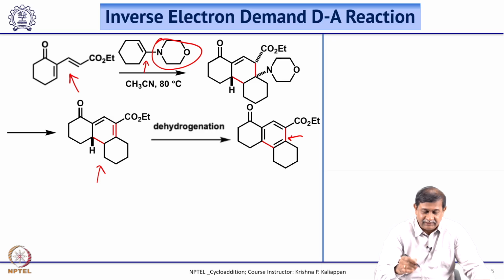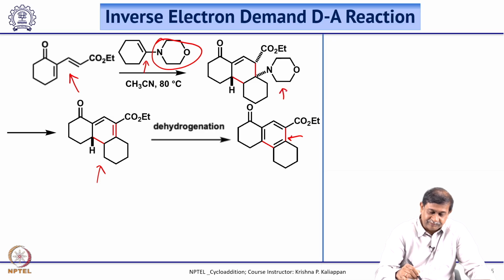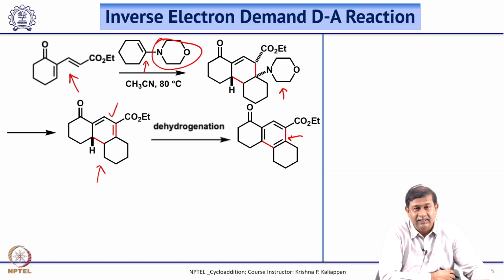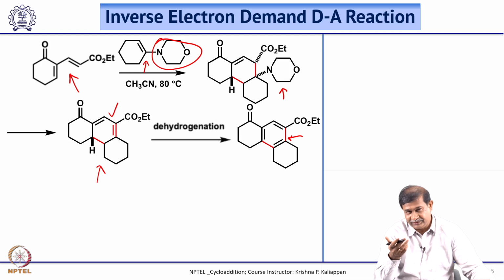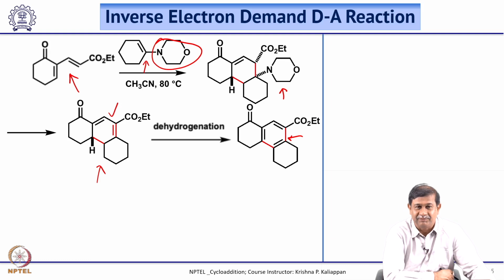Okay. So, you can see here from this compound, it can undergo elimination to generate this diene, and once this diene is formed, either one can add another equivalent of dienophile to undergo one more 4+2 cycloaddition, or it can undergo dehydrogenation to give aromatic ring.